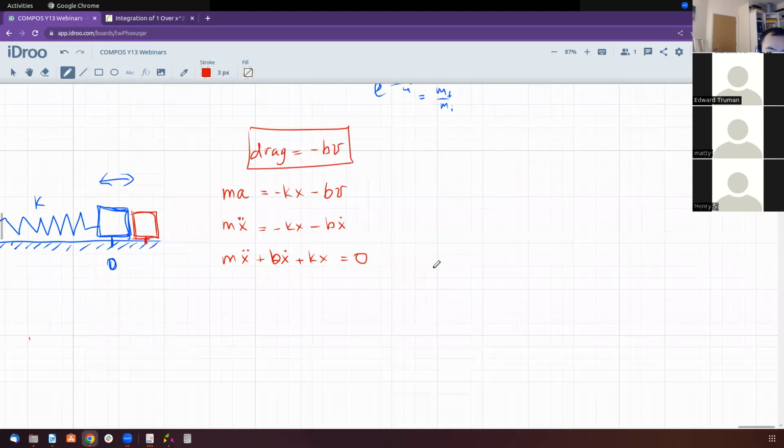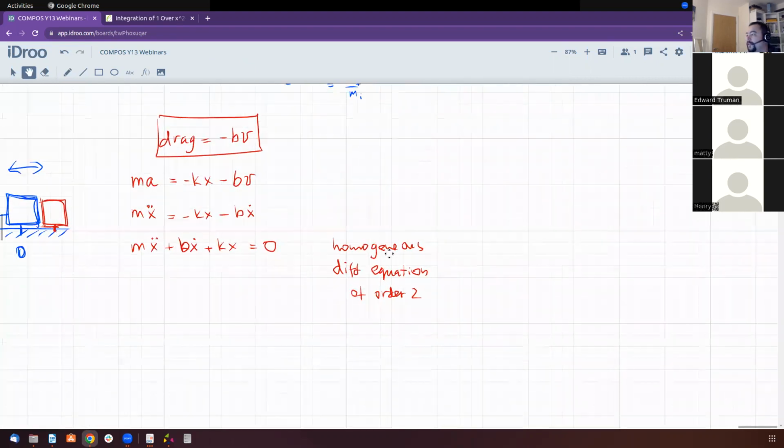It's a homogeneous differential equation of order 2. Have you done differential equations of order 2 at school? Anyone? One or zero? Of order 2, Adam. Yeah?